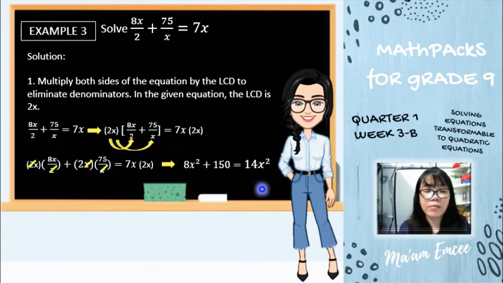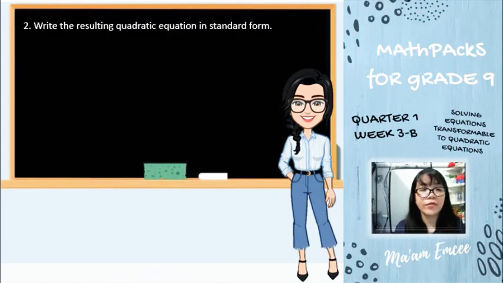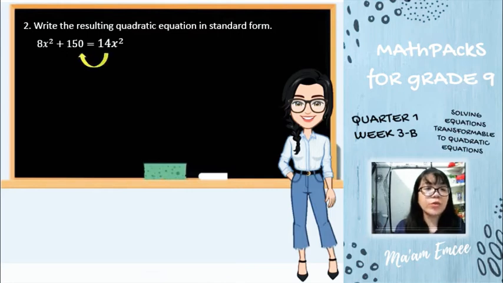But remember, this quadratic equation is not yet in standard form. So since 8x squared plus 150 is equal to 14x squared is not yet in standard form, the next thing that we need to do is to write the resulting quadratic equation in standard form. So 8x squared plus 150 is equal to 14x squared. We need to transpose again 14x squared to the other side.